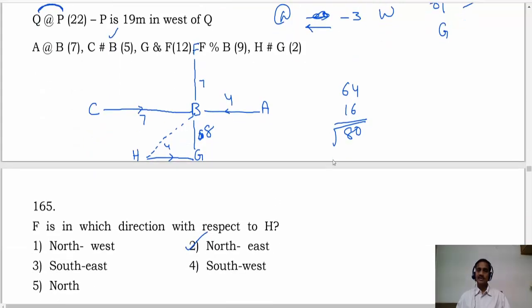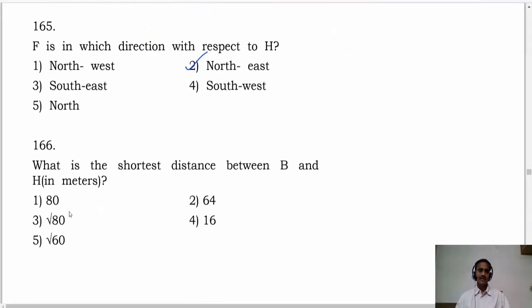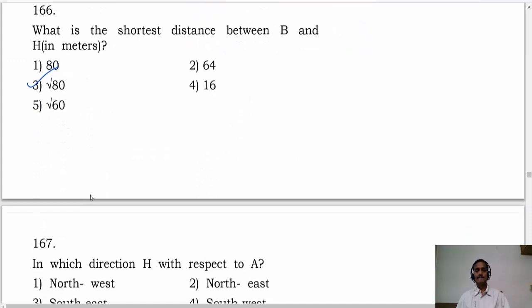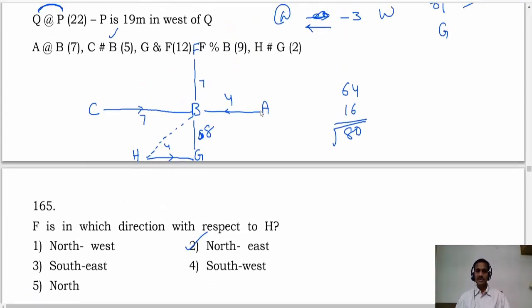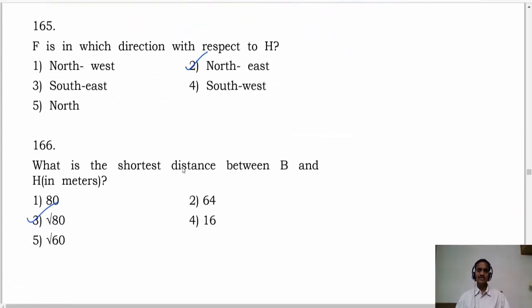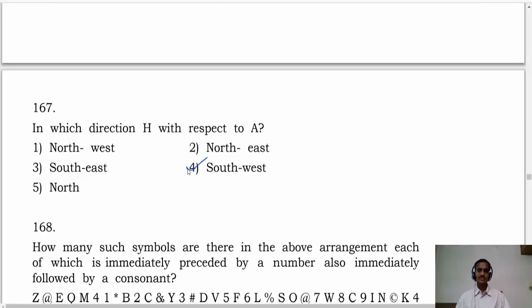Approximately 99 or 80 అవ్వచ్చు. √80 that is choice. And in which H with respect to A. A నుంచి H ఏ డైరెక్షన్ ఉంది? సౌత్ అండ్ వెస్ట్. Now southwest choice 4.